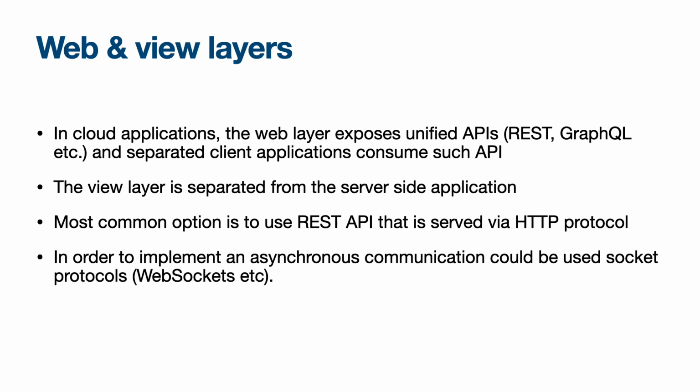It could be chatting, notifications, or some kind of data that should be updated in real time. So in this way we use asynchronous protocols, but usually we talk about REST APIs served over the HTTP protocol.